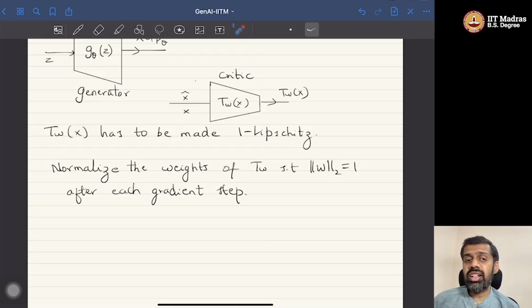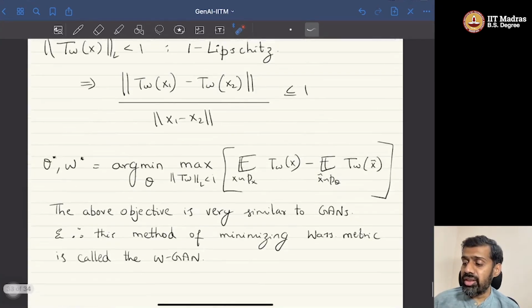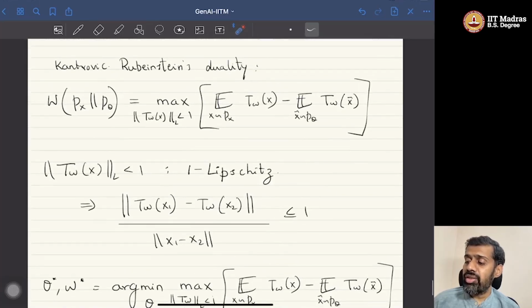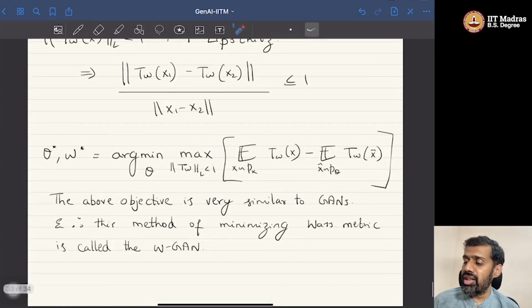Now, to ensure that it does not happen, we wanted to come up with a softer metric. We saw a softer metric called the Wasserstein metric, and it turns out that minimizing the Wasserstein metric is very similar to optimizing a GAN. So it still has an adversarial optimization problem with a min-max formulation, but with two differences.